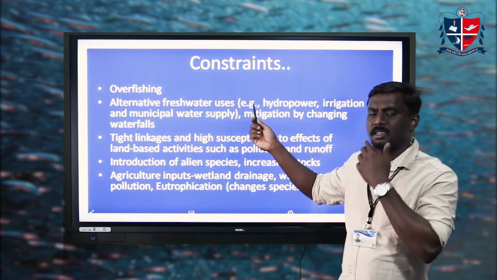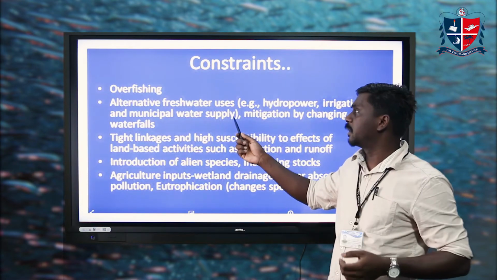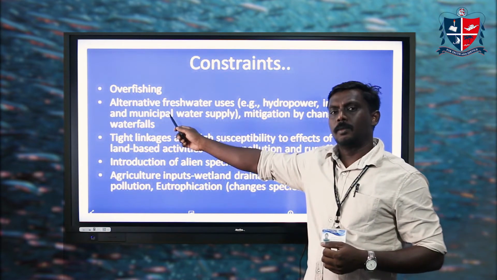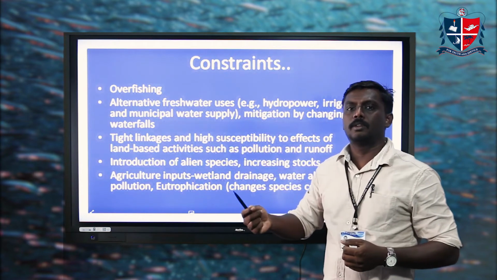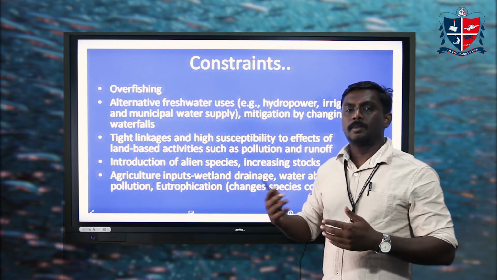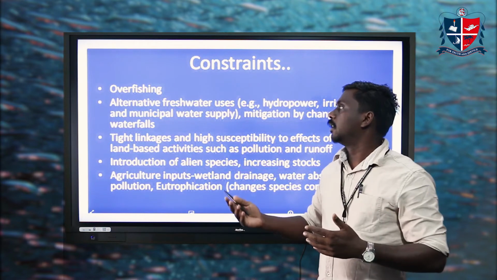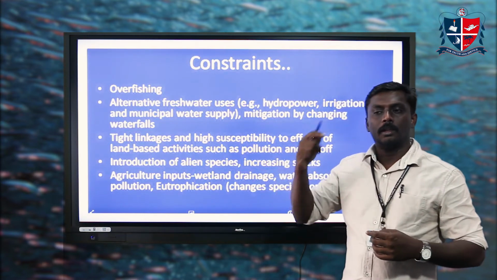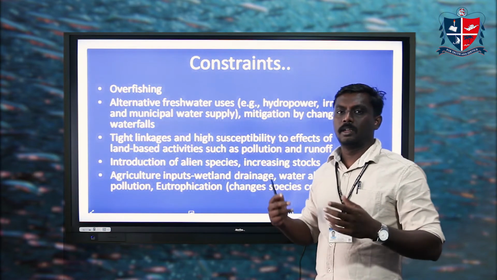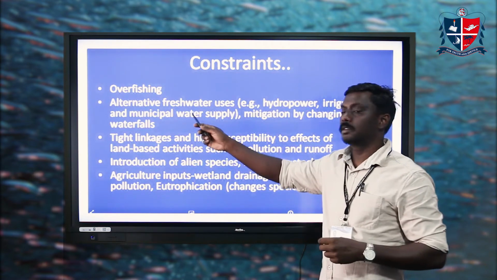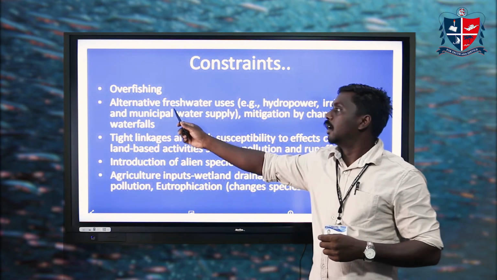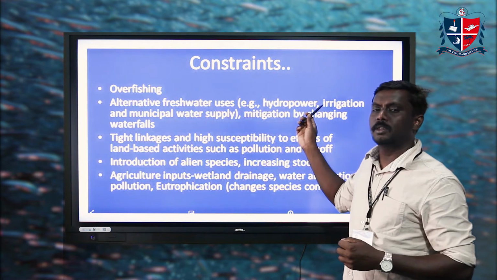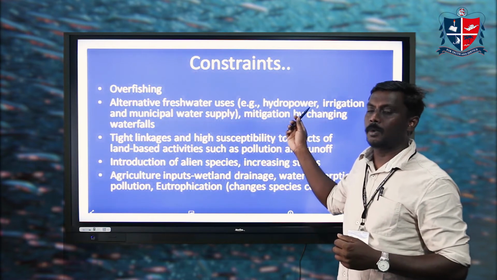And the major constraints, we have to think about what the major constraints in inland fisheries are. Overfishing is one, because once the fish are caught, the fish farmers feel a high need to extract more, like the story of the greedy goose farmer. That was overfishing. Then alternate freshwater uses, that is, freshwater is used to generate hydroelectric power.